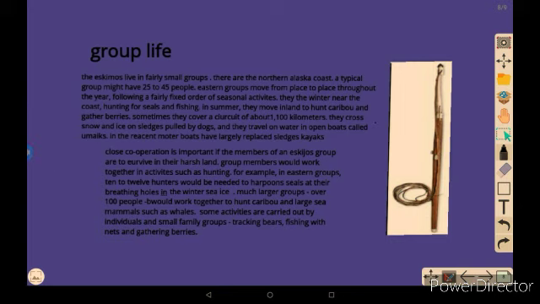So now here they will hunt the caribou and the large sea mammals, such as whales.